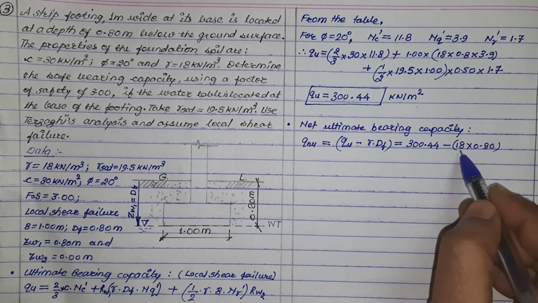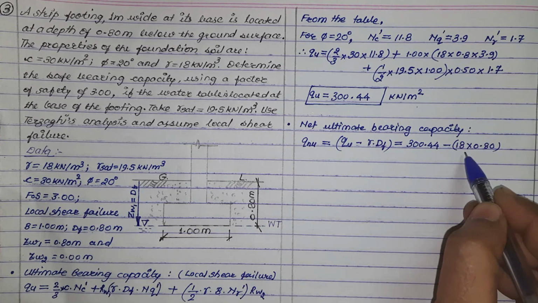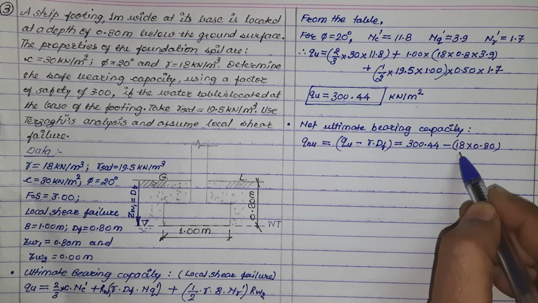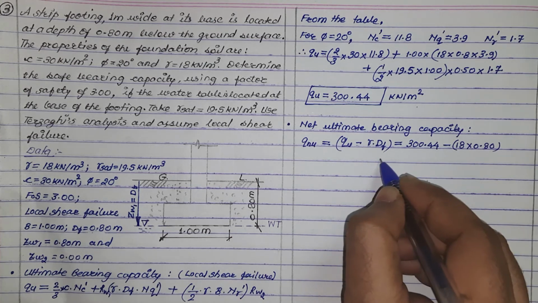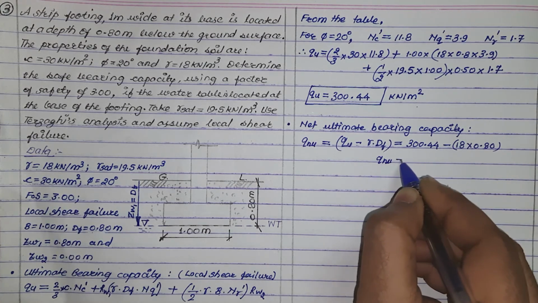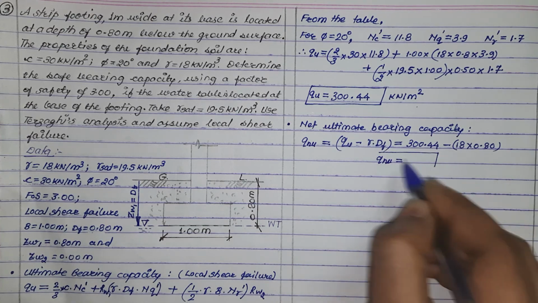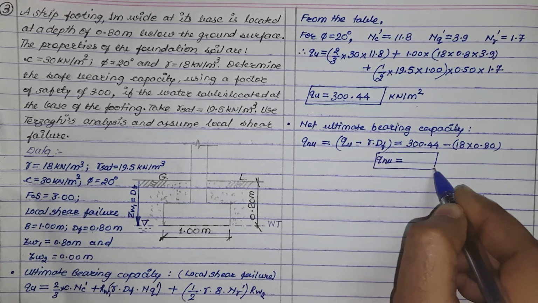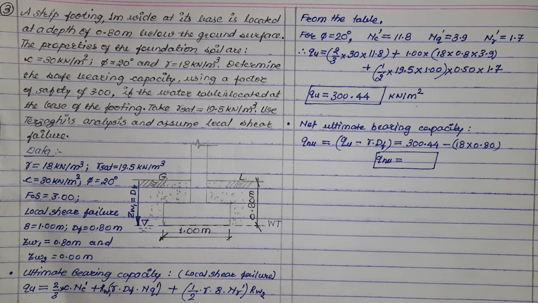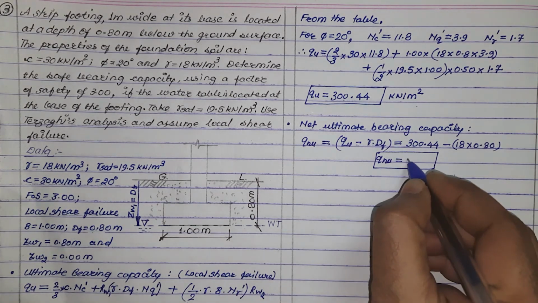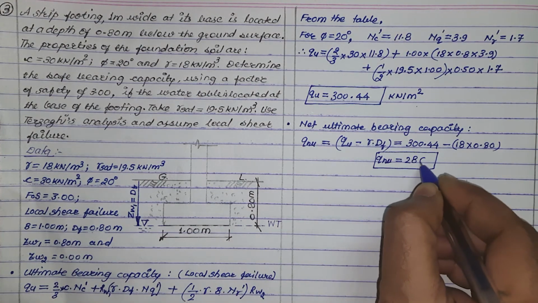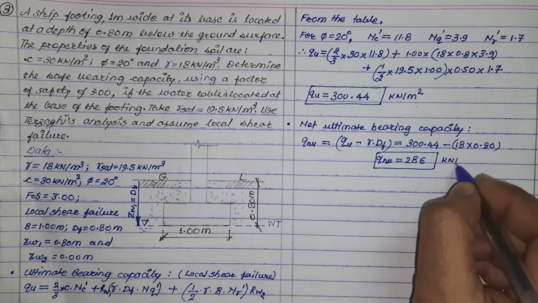So this unit weight is related to unit weight of the soil above the base of the foundation. Hence we have used 18 as gamma. From this we will be getting Qnu. It comes out to be 286 kilonewton per meter square.